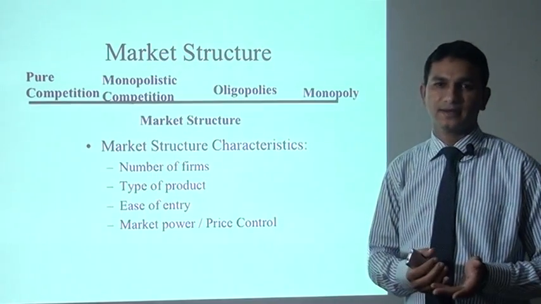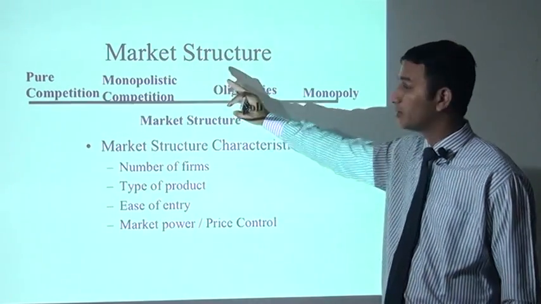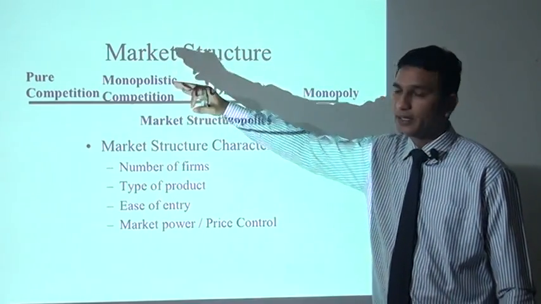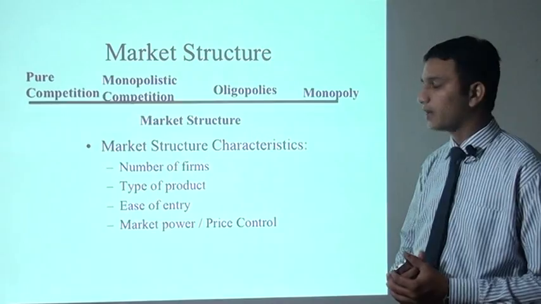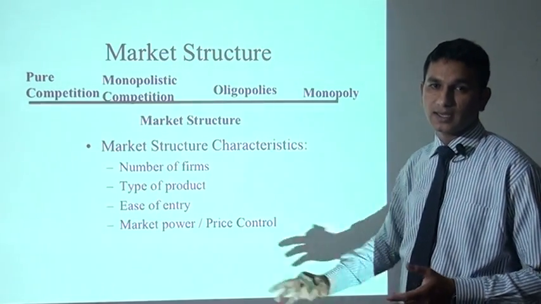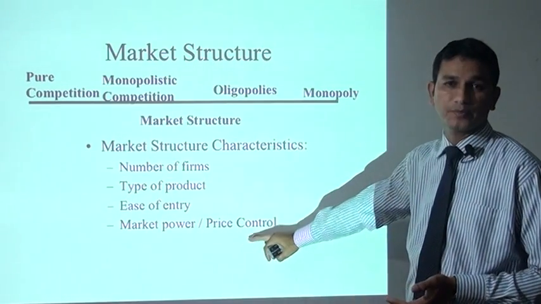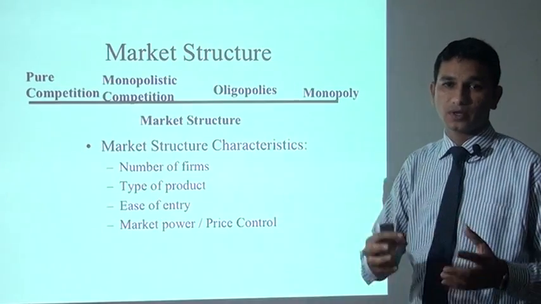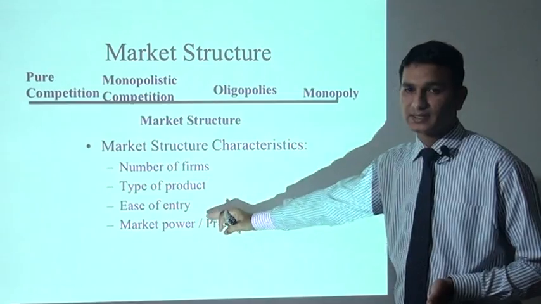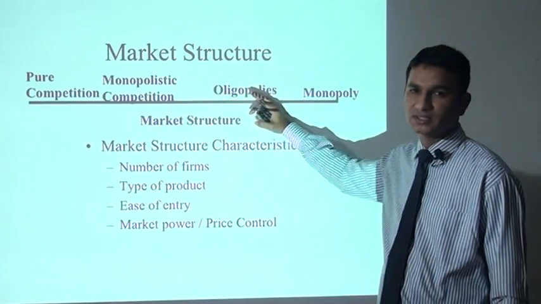Ease of entry is also one characteristic, how easy the entry is in a particular market segment, whether oligopoly, monopoly, monopolistic competition or pure competition. Market power and price control is also most important: how much market power a firm has, and how much a firm can control the price. So that is also an important characteristic of market structure. We will discuss all the market structures in detail.